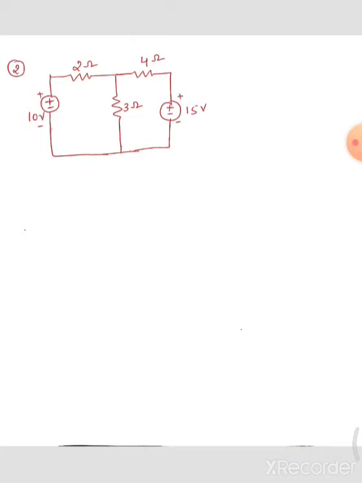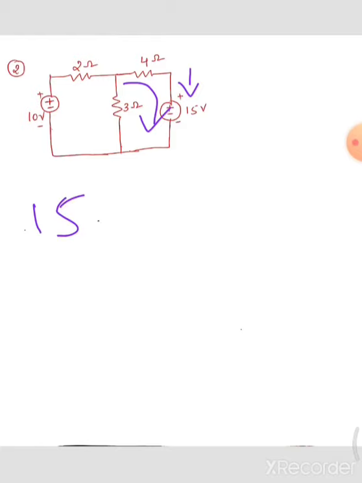Let's apply KVL for the second loop, where you have assumed the direction like this. First one is the direction like this, right? Second one is this. So let's move from the voltage source. Yes, we'll start with this voltage source. You are coming in this direction, so you have reached plus 15 first.